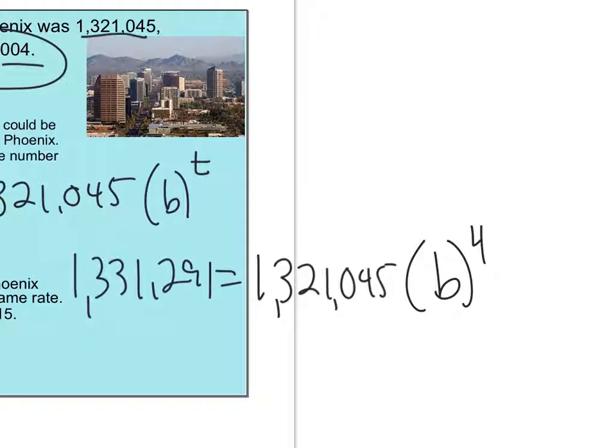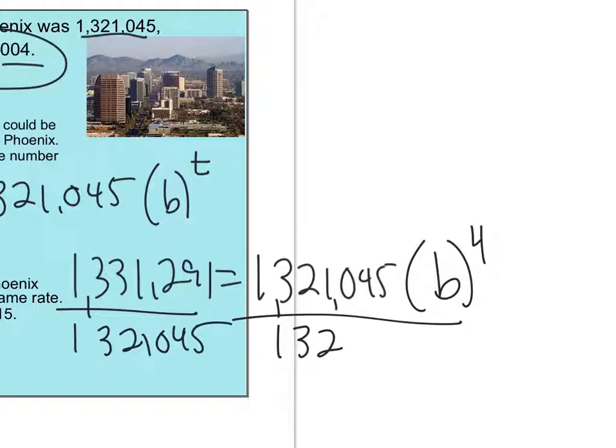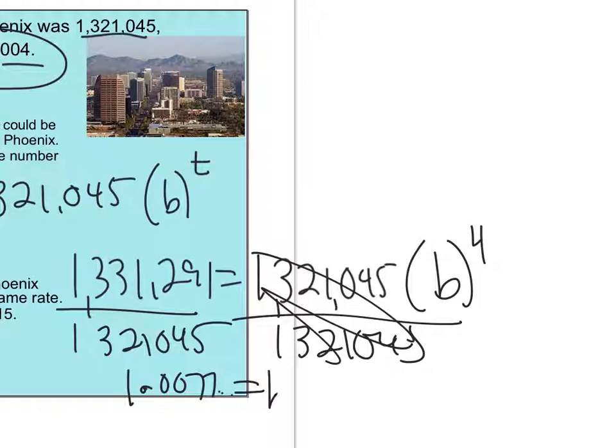So now all I'm going to do is divide. So I'm going to divide this, that goes away, and this becomes 1.0077. It keeps going, but I don't really care.